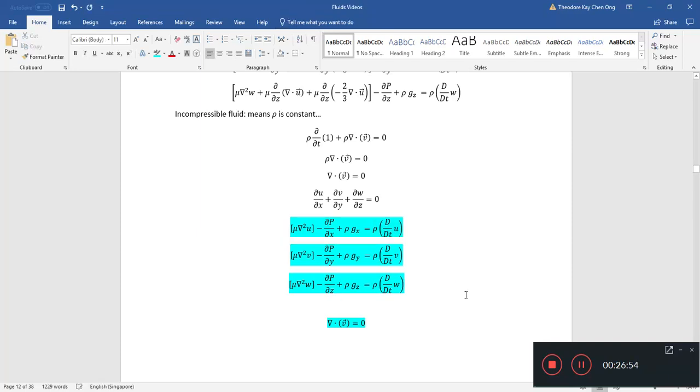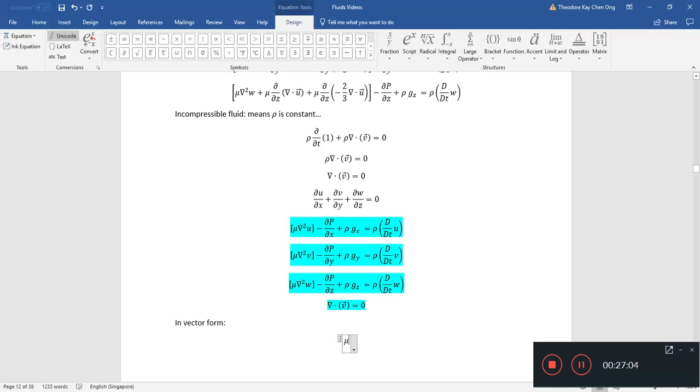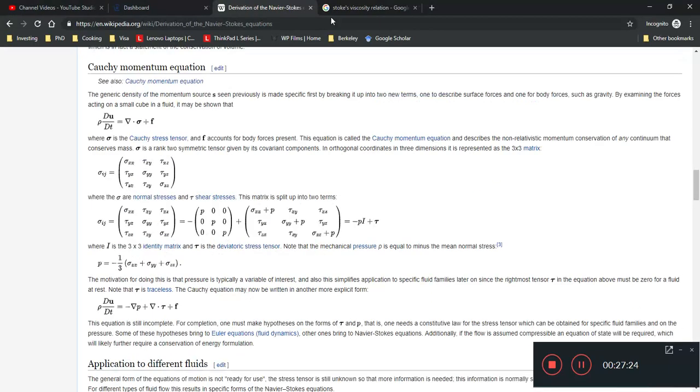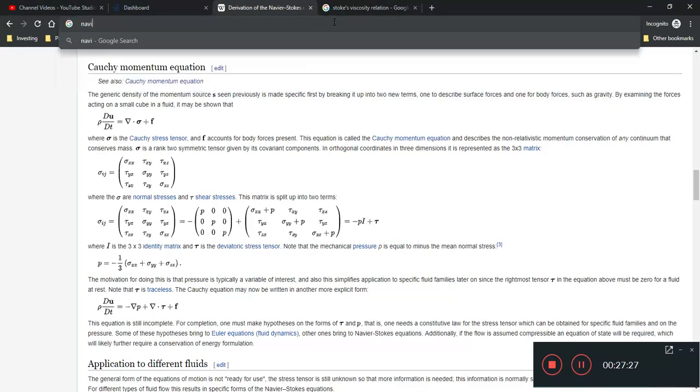If you want to write it in vector form, it's even easier. So you just have mu... how do I write this? Okay, there's a Wikipedia page on that. I'm so sorry, I have to refer to Wikipedia.